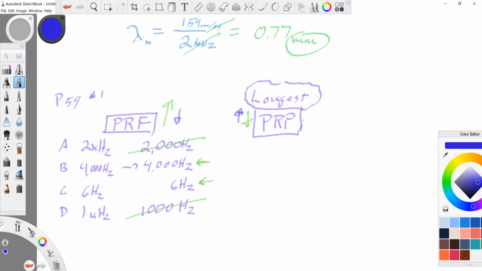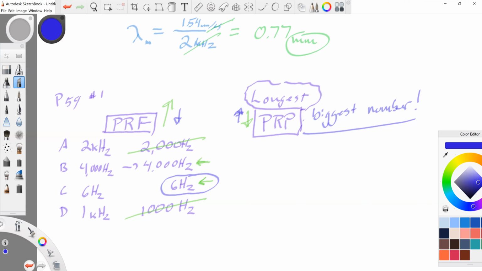Okay, so we're looking for the longest PRP. Longest over here means we're looking for the biggest number, right? Longest, biggest number. So we're looking for the smallest number over here. The smallest number, 6 hertz.